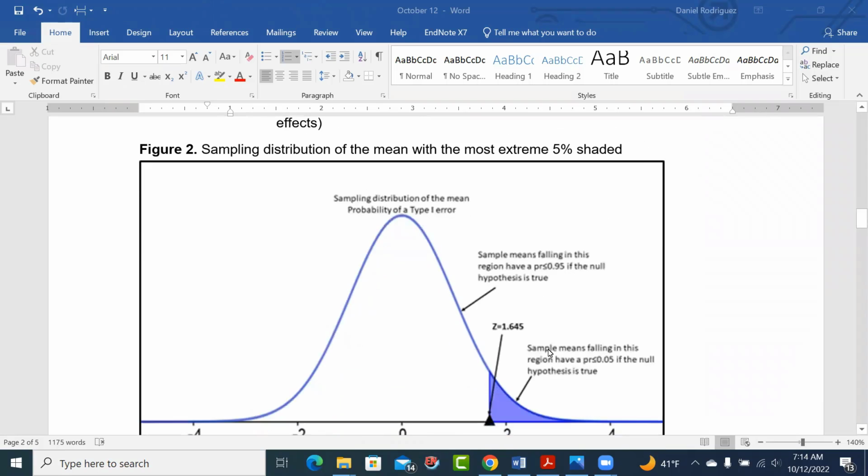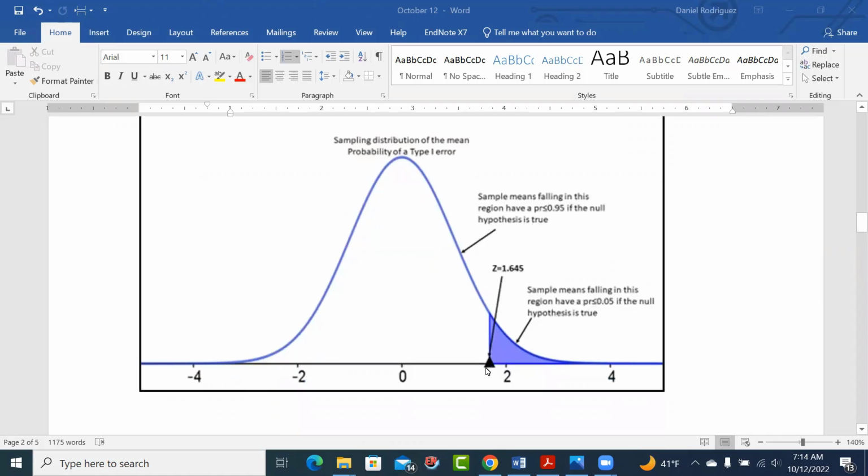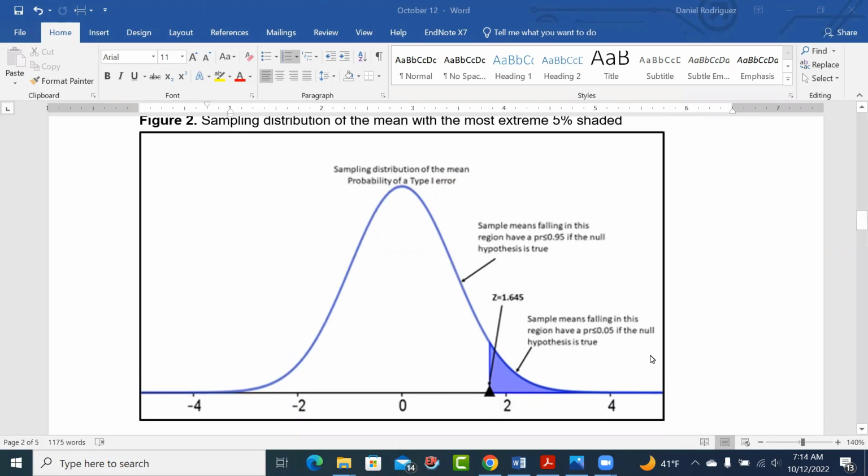Here's an example of the relation between the z value and probability and alpha. So in this case here, our probability of a false positive result, or alpha, is 0.05. This is our population, right? So in our population, values this large or larger would occur 5% of the time or less, right?